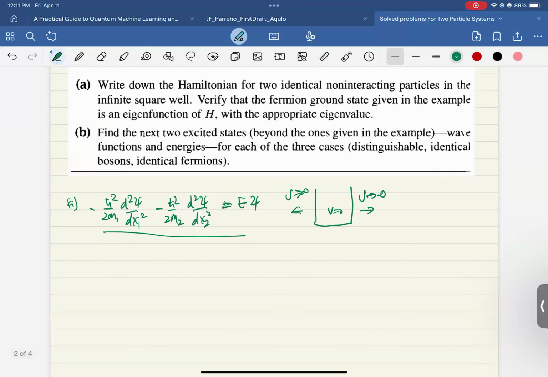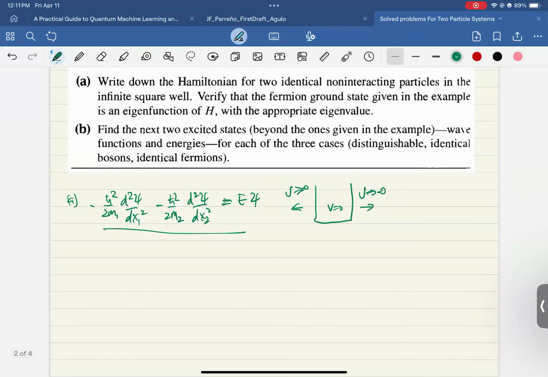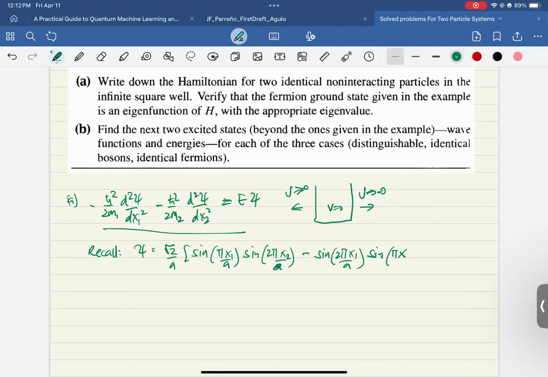So verify that the fermion ground state given in the example is an eigenfunction of H. So recall na yung wave function for a fermion is given by square root of 2 over a, and then sine pi x1 over a sine 2 pi x2 over a minus sine 2 pi x1 over a sine pi x2 over a.